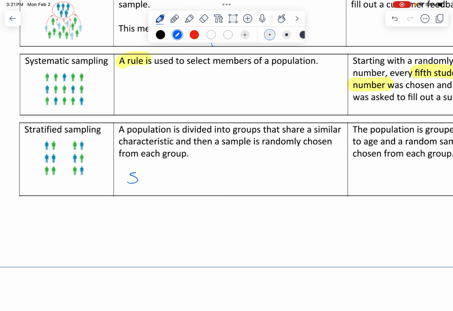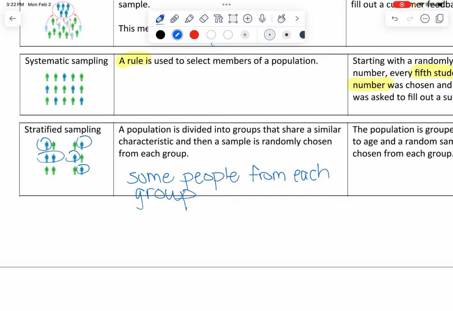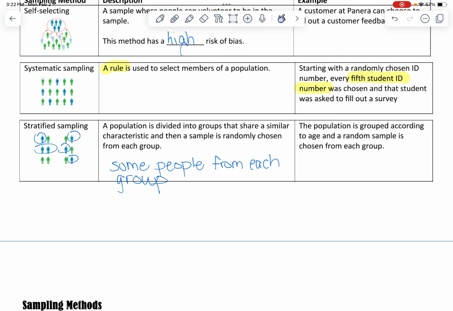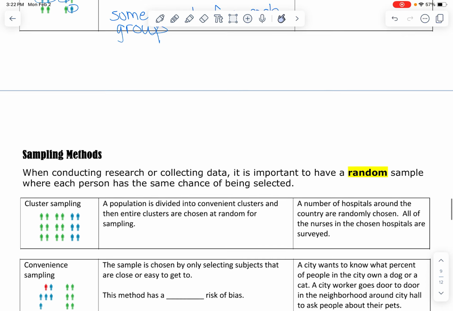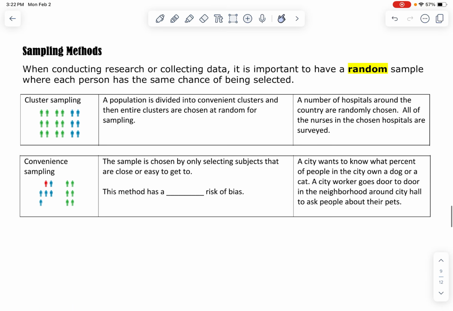Maybe this is some people from each group. I'm going to take some from here. These are the people I'm taking. So from each group, I'm going to take some, okay? It's called stratified.